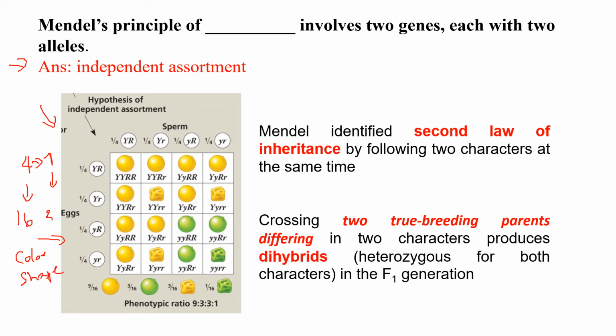So just remember that Mendel identified the second law of inheritance by following 2 characters at the same time. The second thing that he did is he used true-breeding plants, and in this case, the 2 characters were not called monohybrids; they are called dihybrids in the F1.